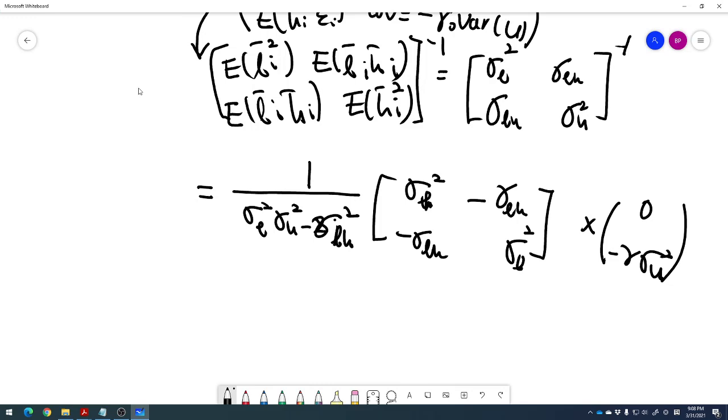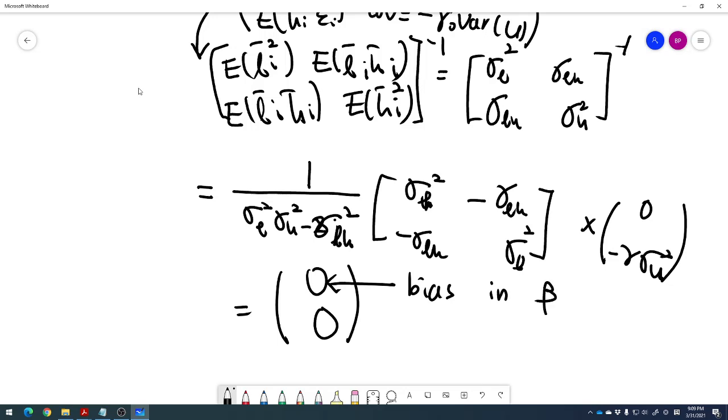So remember, here you are going to get a 2 by 1 vector, and the first one is the bias in beta, and the second one is the bias in gamma, right? What you need to know here is that the bias in beta is not 0.